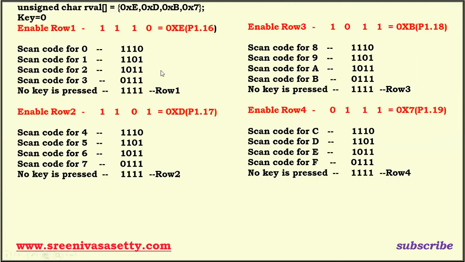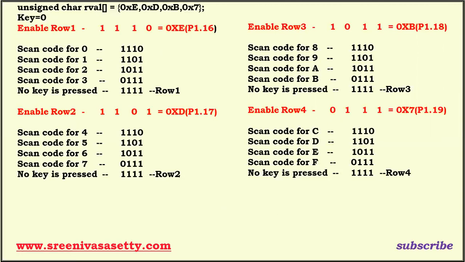Okay, assume key number 0 is pressed. Then you get this scan code. So this is available in your IO pin registers. Because in this case, we are using port 1. Therefore, we have to use the IO pin 1 register. Suppose somebody may use port 0.